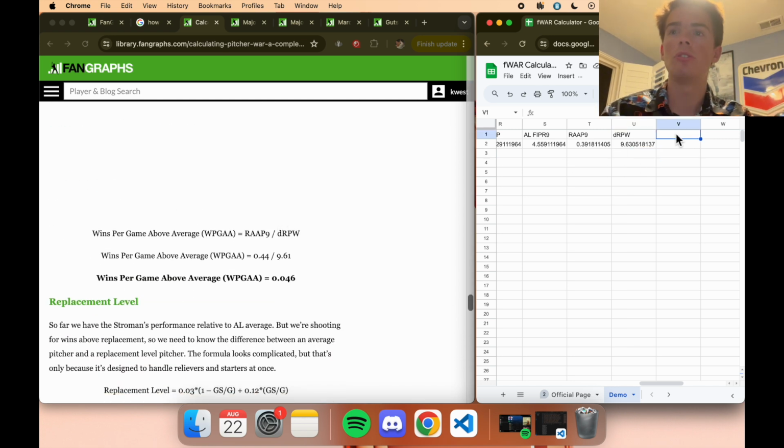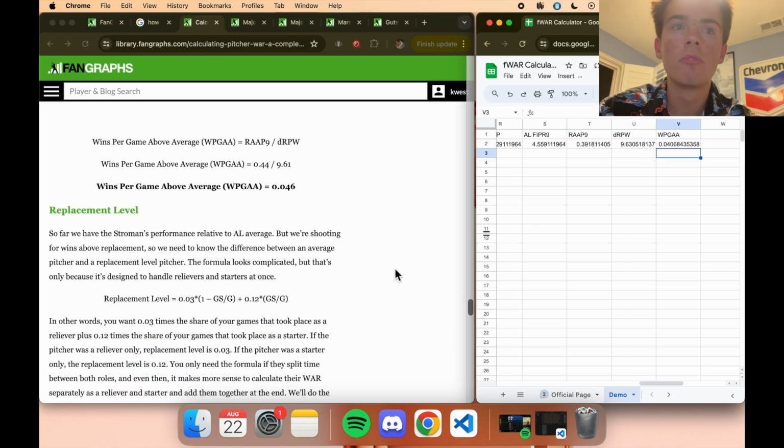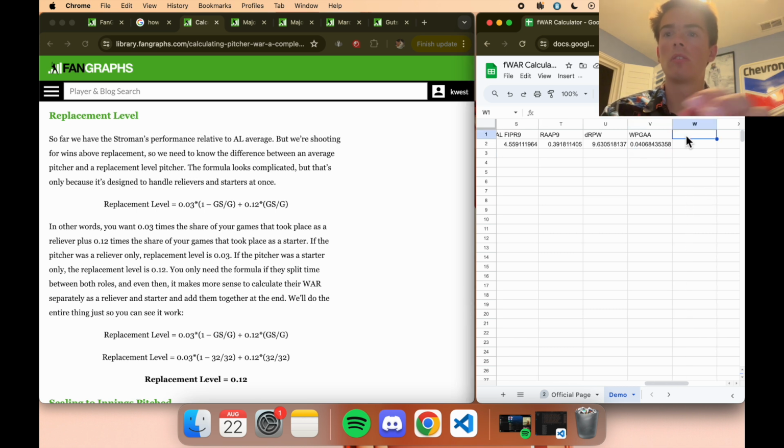Now we're going to do wins per game above average. Awesome. And that's going to be this divided by that. Awesome. Now replacement level. The ones that are quite easy are fun, but something like this where you've got a million parentheses, a million things to keep track of, not as fun.